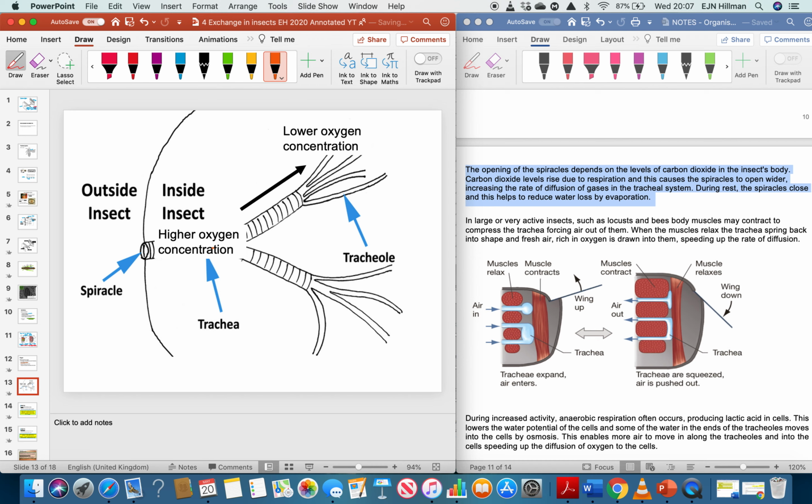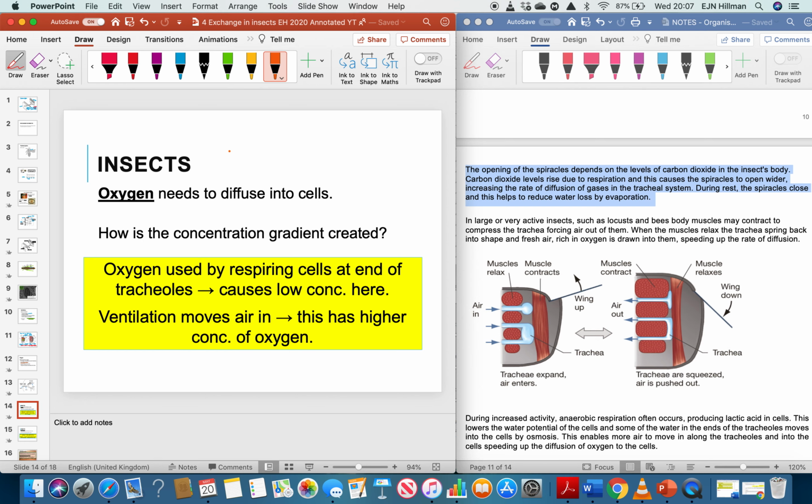Okay, so we've got a higher concentration of oxygen here, a lower concentration here. We get that diffusion from the high concentration to the low concentration, and then even lower concentration in the cells. So the oxygen diffuses into the cells for respiration. Okay, so oxygen needs to diffuse into the cells.